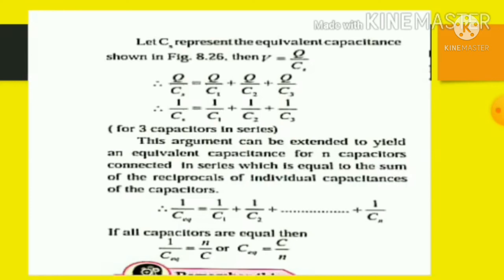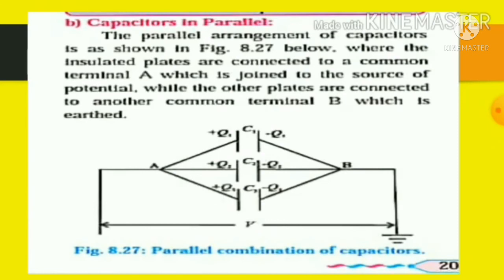Then the above equation becomes, therefore, 1 upon C equivalent equal to N upon C, or C equivalent equal to C upon N. This is the required equation for all capacitors having equal magnitude of capacity, and all these capacitors are arranged in series combination.